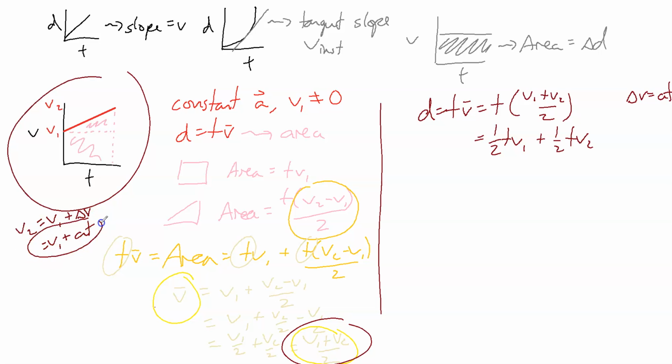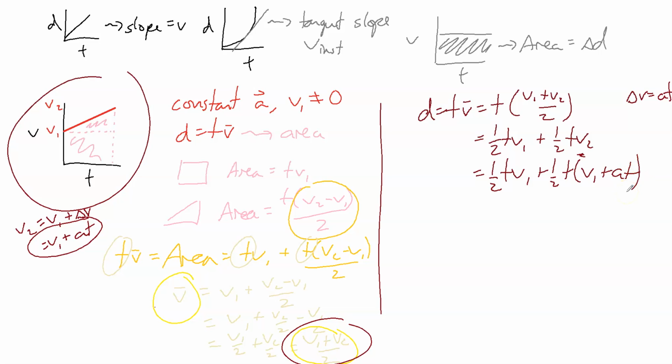Well, I can use this idea and substitute over there. So this would be 1/2 T V1 plus 1/2 T, and this would then be V1 plus acceleration times time.